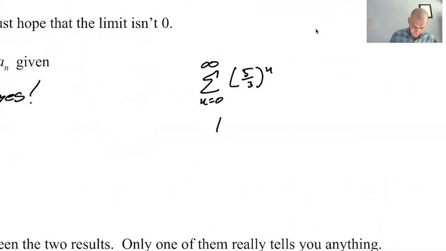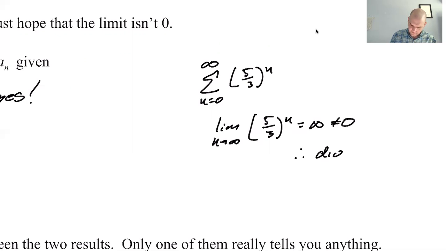If you totally forgot that, you could say the limit as n approaches infinity of 5/3 to the n is infinity. It's not 0, therefore diverges. So these tests that we're going to learn, you can apply more than one in a lot of circumstances. Sometimes you want to try to apply as many tests as you can think of just to practice them. So this was geometric. That's the way you should do it. But if you forgot that, the nth term test would help you out here.